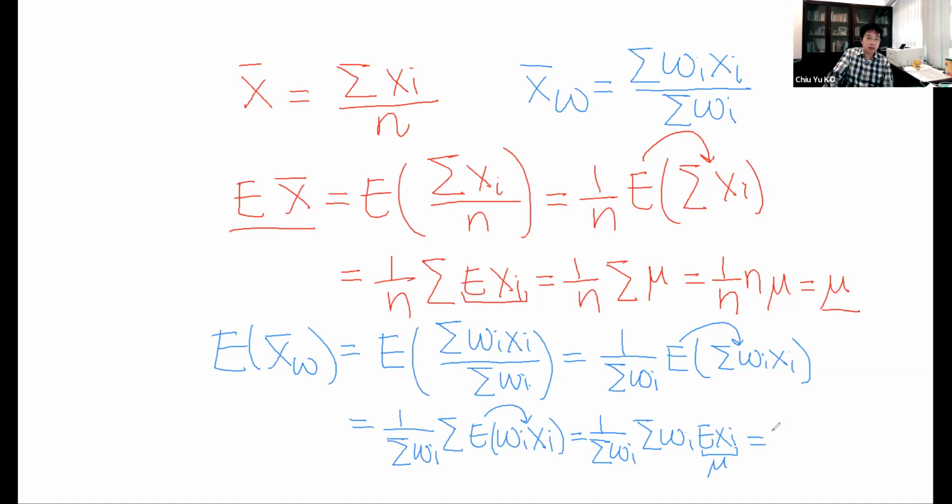So it is just mu. Okay, so the weighted mean is also unbiased. So why do we use this instead of this, right? Because they're equally good. Now we're going to give you the reason why, and after this we'll break.